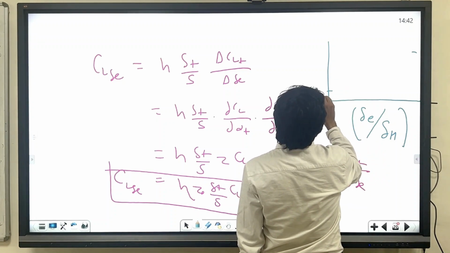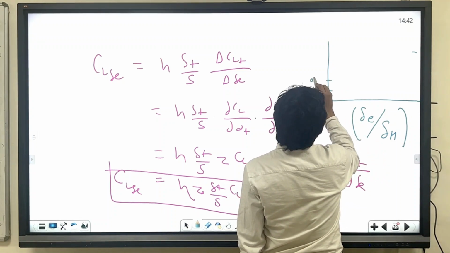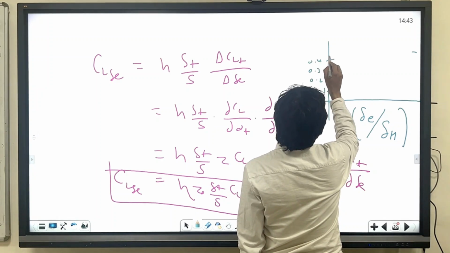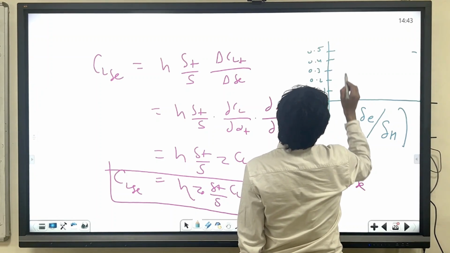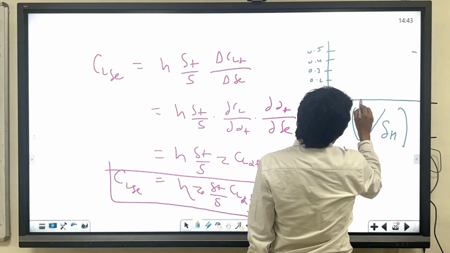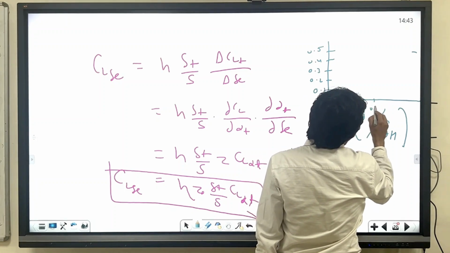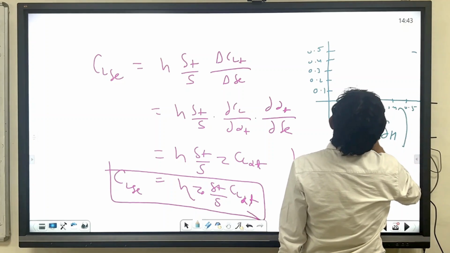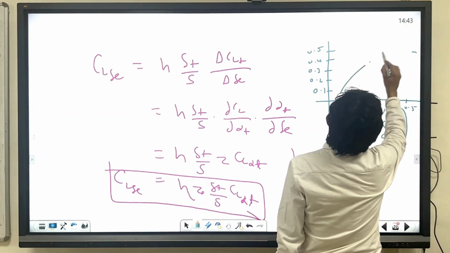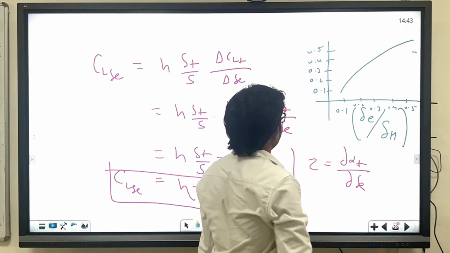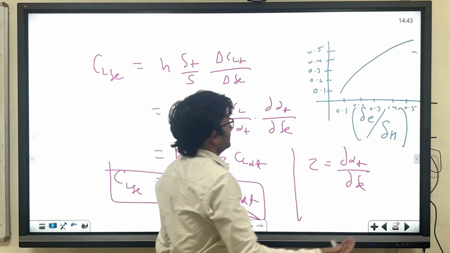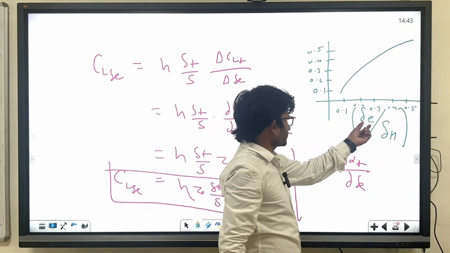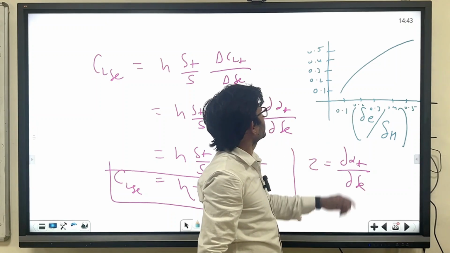So you can mark 0.1, 0.2, 0.3, 0.4, 0.5, and here say 0.1, 0.2, 0.3, 0.4, 0.5. So roughly you will have this kind of graph where, based on the control surface area by lifting area, you can find out the value of tau.